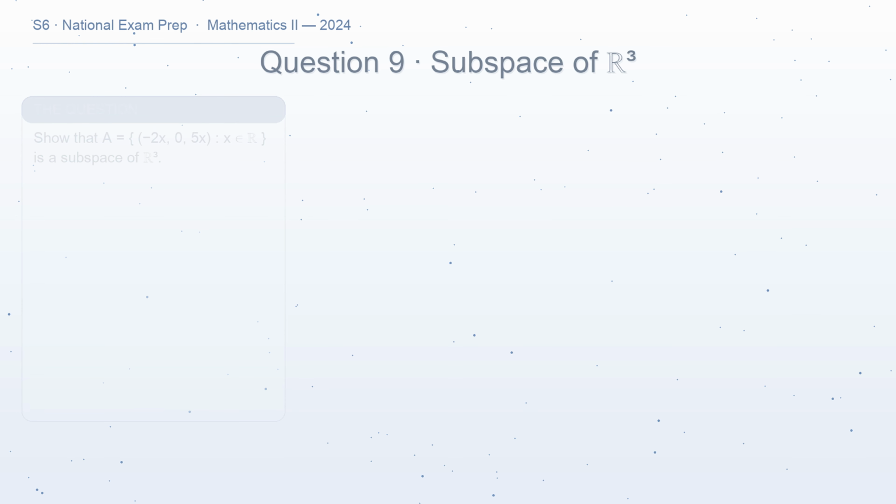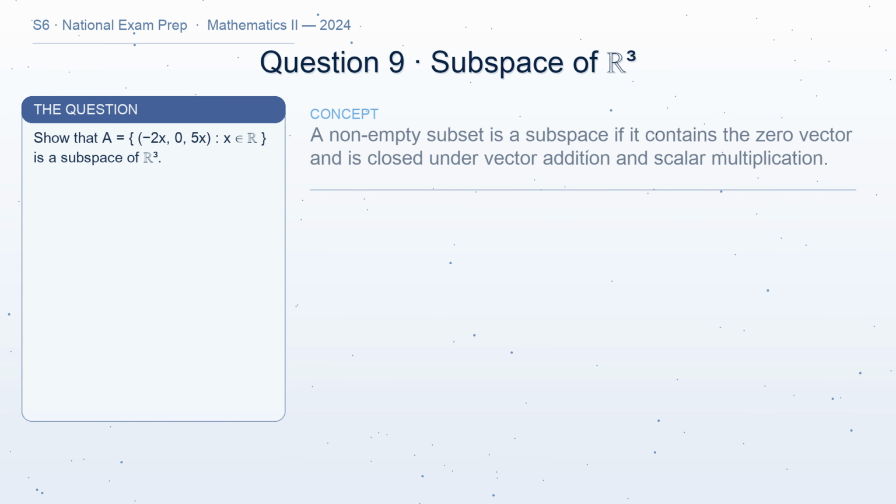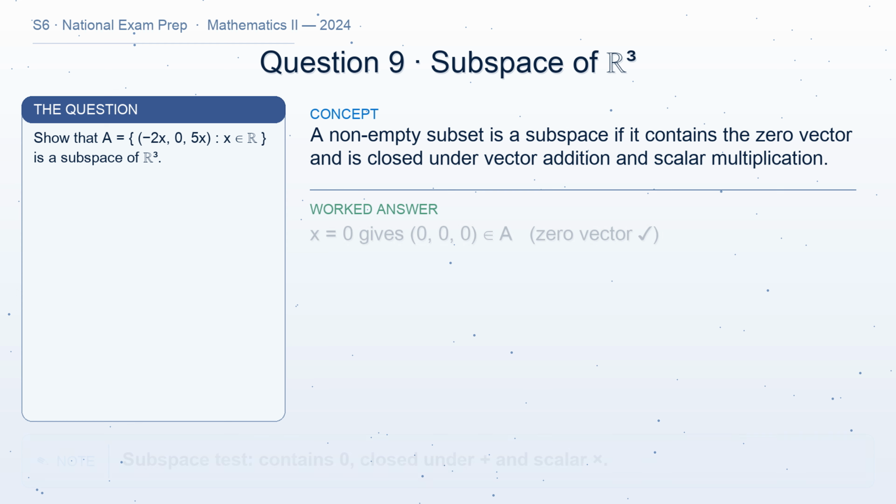Question 9. Show that the set A of all triples (minus 2x, 0, 5x) for real x is a subspace of R3. There are three things to check. The zero vector belongs, and the set is closed under addition and under scalar multiplication.